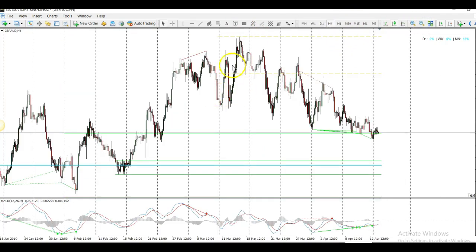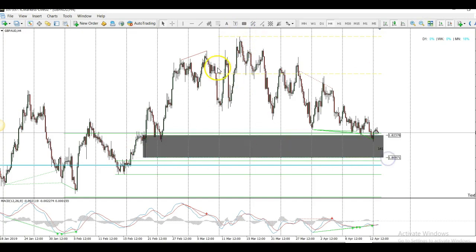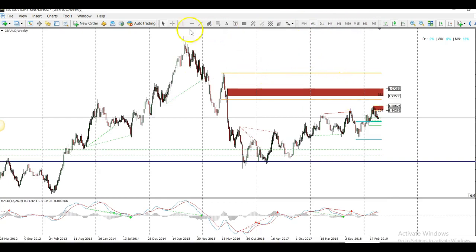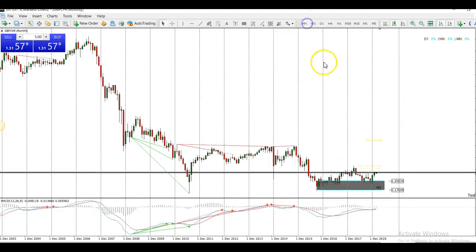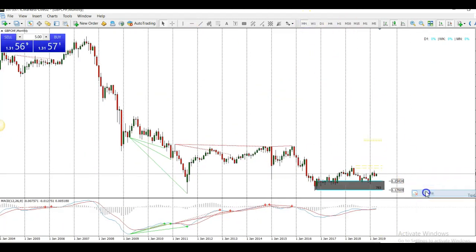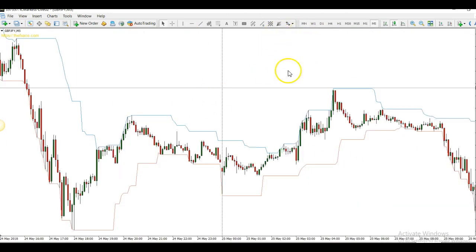And zoom out. So yeah, this is kind of a long wicky area here, so you'd have to have your stop down 150 to 200 pips below it, and targeting again, you're talking 500, 600 to 800 pips here. So this is a good buying opportunity in the British pound Aussie. Pound Kiwi, or British pound Swiss franc. It's not something we trade.